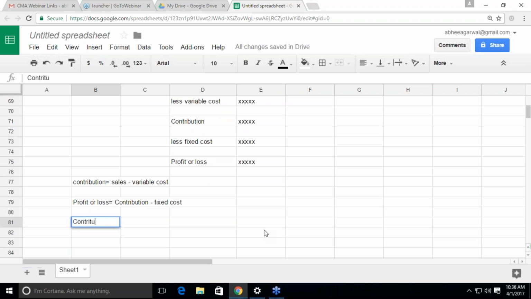One more formula I can give for contribution: contribution is equal to fixed cost plus profit. Okay.